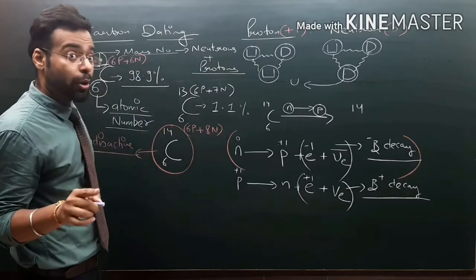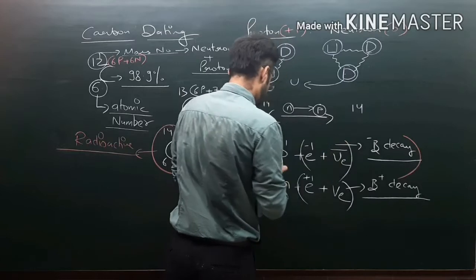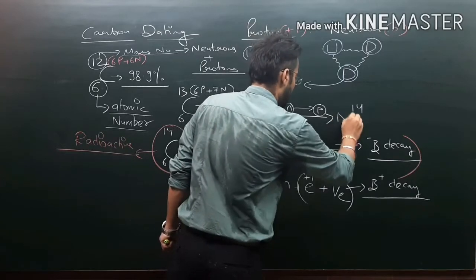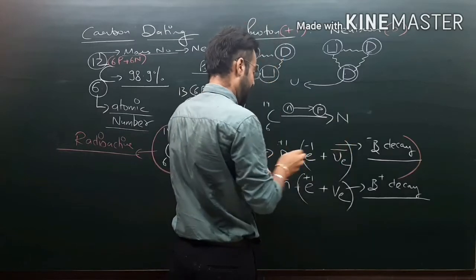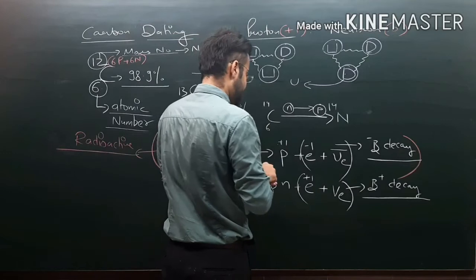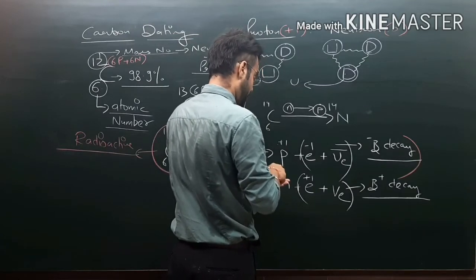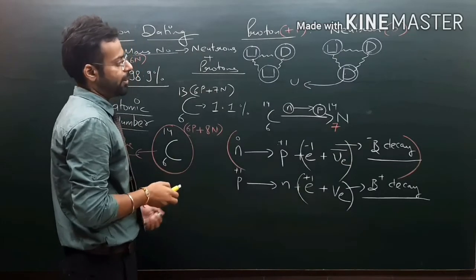It is no more carbon, it becomes nitrogen. The mass number is the same, 14, but the atomic number has changed to 7. That's why it is now known as nitrogen.